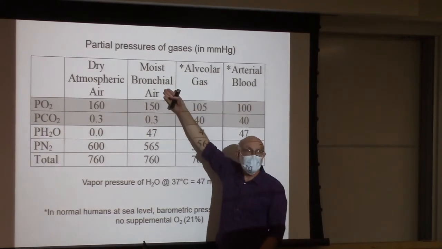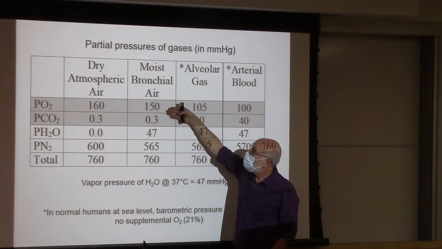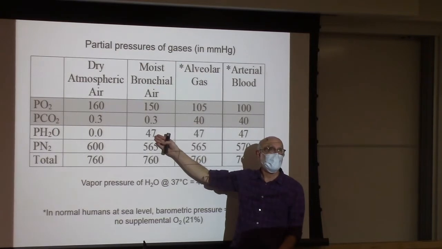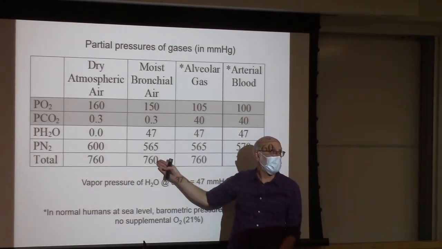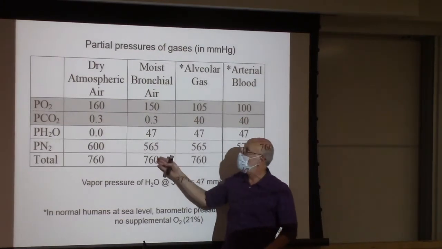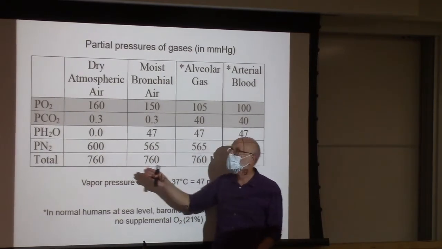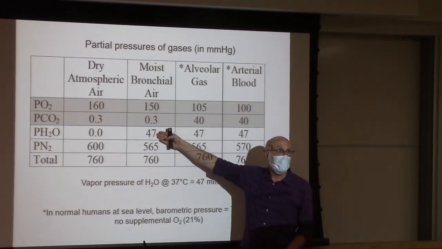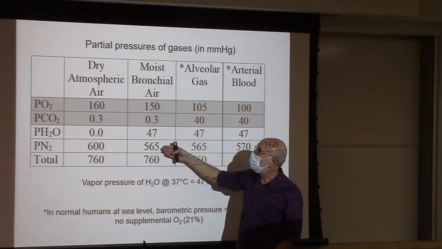So moist air in your, let's just call it bronchus, has a partial pressure of water that takes up some of that 760 torr, because the total pressure in the bronchus is equal to the air pressure. So that water vapor displaces oxygen and nitrogen.